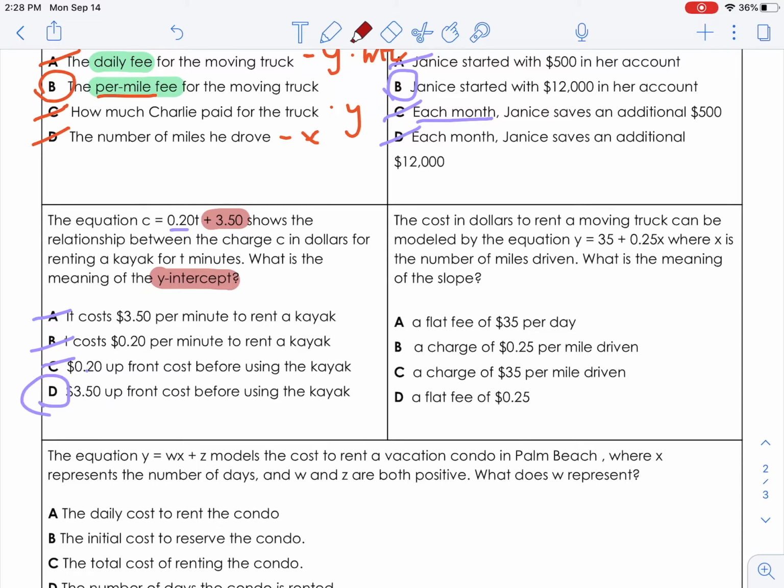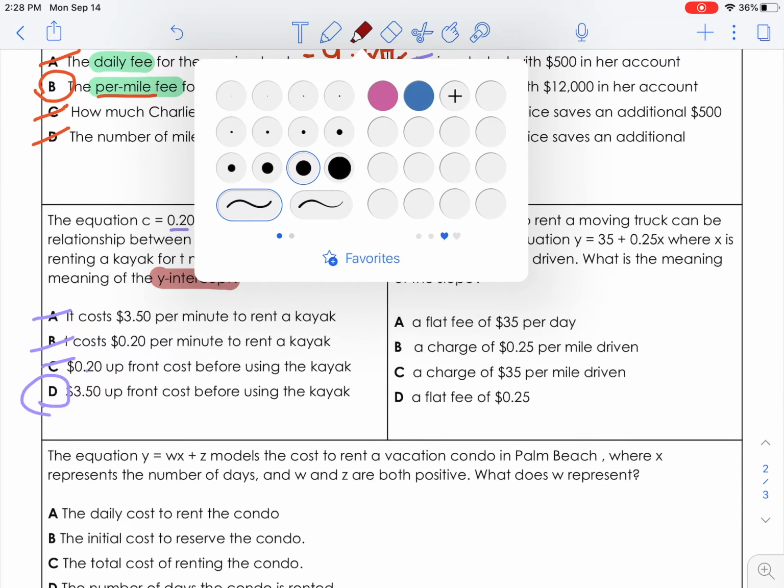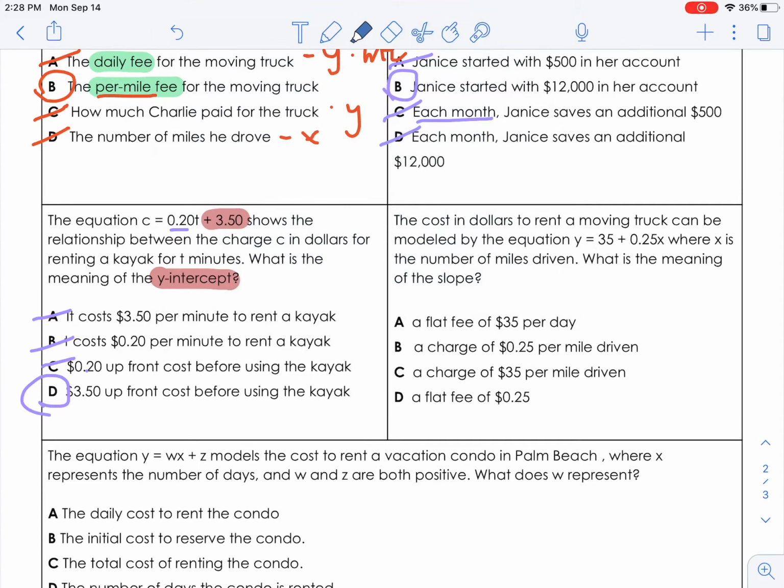All right. The cost in dollars to rent a moving truck can be modeled by this equation, where X is the number of miles driven. What is the meaning of the slope? And so for this one, we want to look at the slope. Typically, the slope would be Y equals and then your slope, but they flipped it around, so you have to be careful and pay attention to where your variable is.